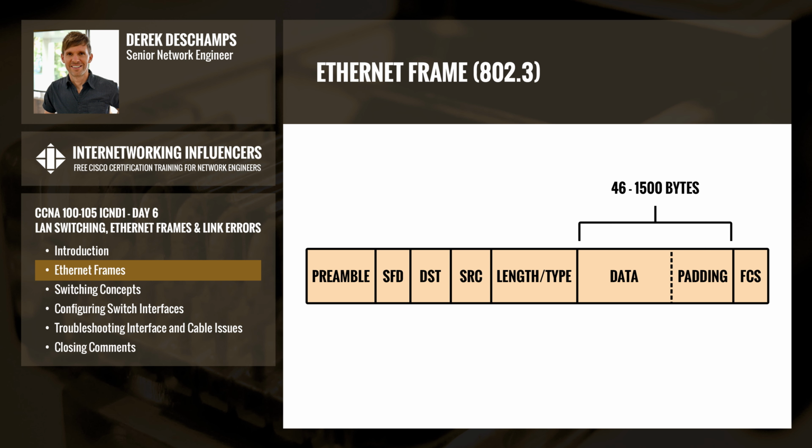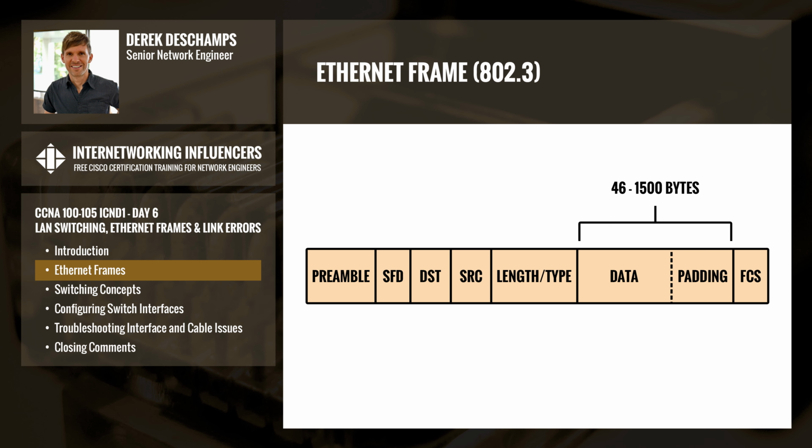For example, this field could indicate that the data field contains an IP version 4 or an IP version 6 packet. The data field contains the data that the frame is carrying, such as an IP version 4 or an IP version 6 packet. The data field must be between 46 and 1500 bytes long.